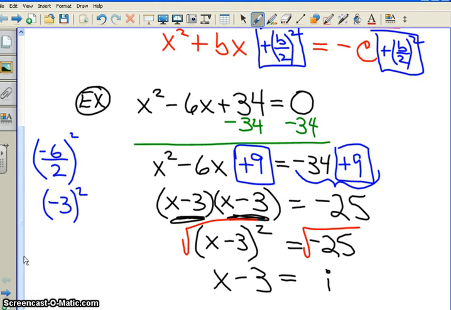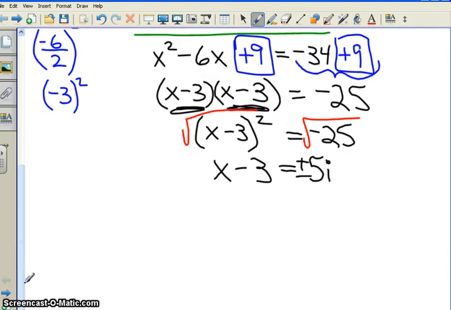And the square root of 25 is 5, positive 5, but it could also be negative 5, because negative 5 times negative 5 makes positive 25. So there's our plus or minus like we would have in the quadratic formula. That's what's going to get us to our two zeros.